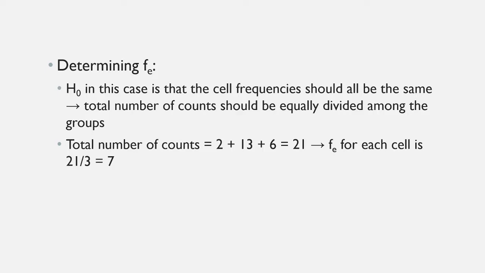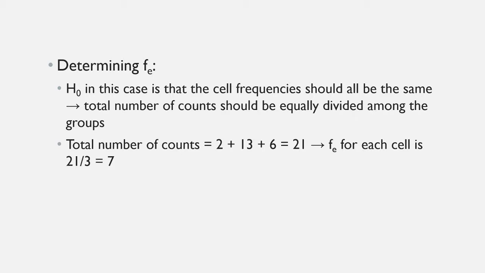So the basic way to determine the expected frequencies that would reflect this null hypothesis, it's very easy. You just figure out what expectancies would have equal representation in the different groups. So it's as easy as adding together the observed frequencies and dividing by the number of levels possible. This will give you your expected frequencies that would reflect equal frequencies in all your levels.